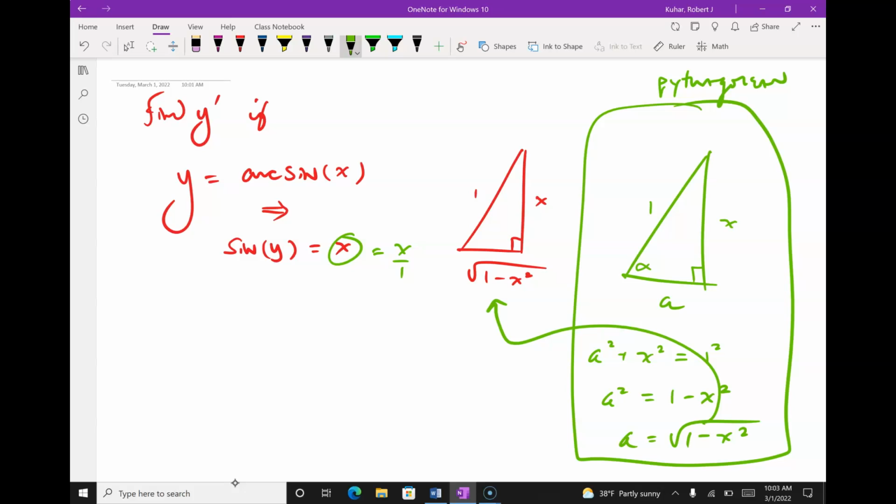Nice. So I'm ready to take my derivative, right? I'm doing d dx of both sides. So I'm doing d dx of sine of y equals d dx of x. Everybody there?